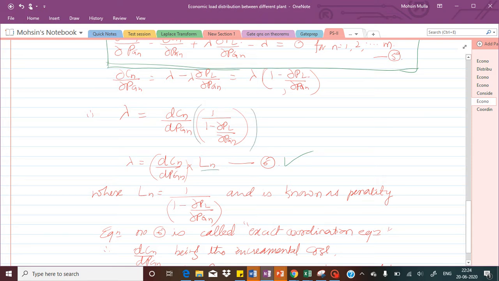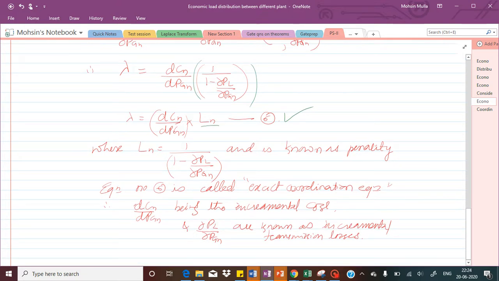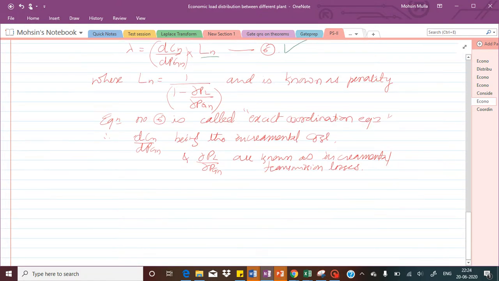Therefore the value of lambda is now given by lambda equal to dCn by dPgn into 1 divided by the penalty factor. Here dCn by dPgn is nothing but the incremental fuel cost.